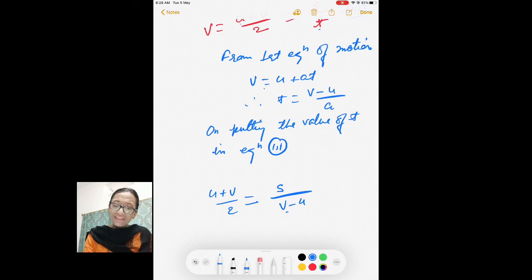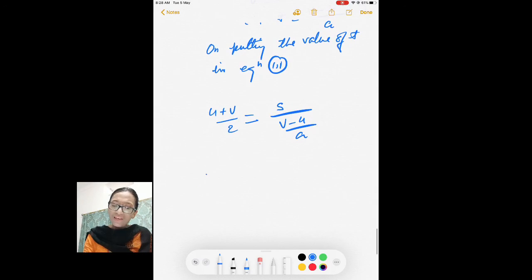Therefore, s is equal to v plus u divided by 2 into v minus u divided by a.